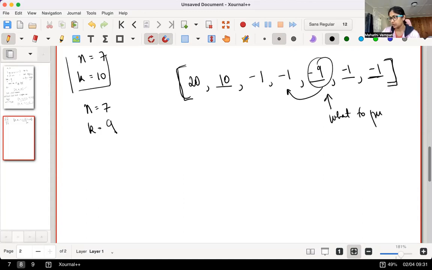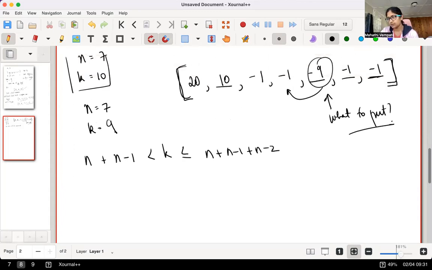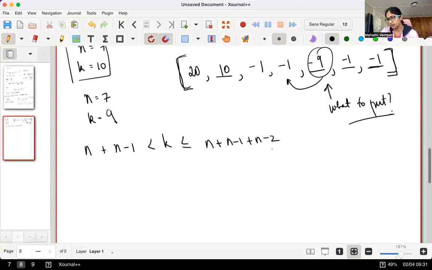But for instance, for the next case where k is less than or equal to n plus n minus 1 plus n minus 2. So for instance, 7 plus 6, 13, k is 15.